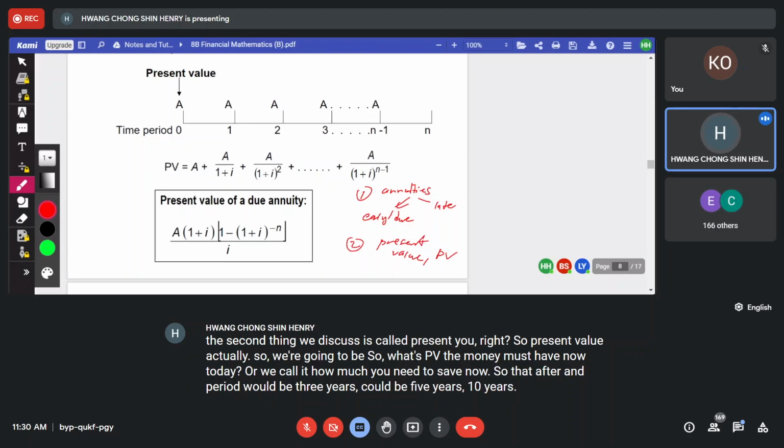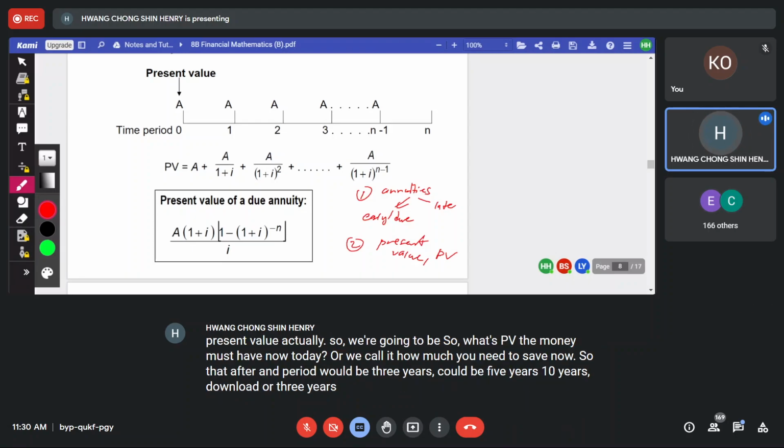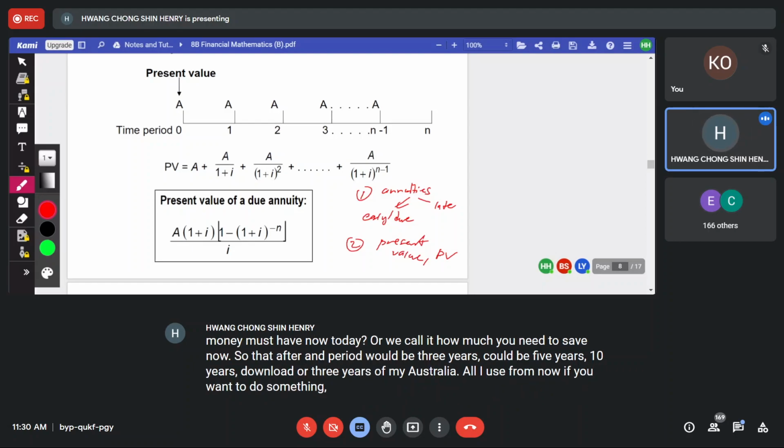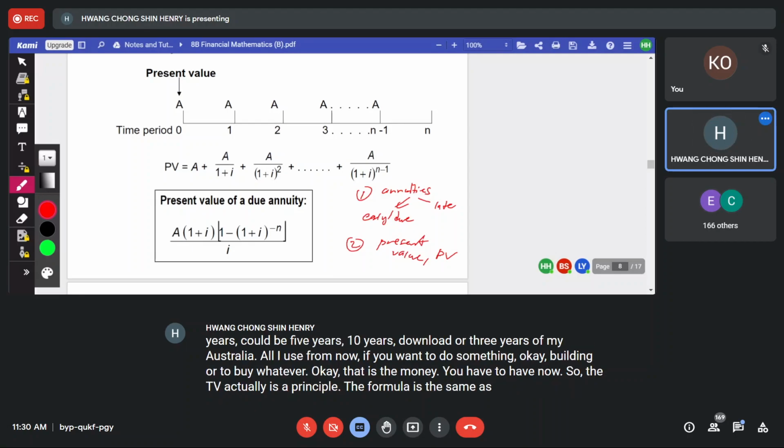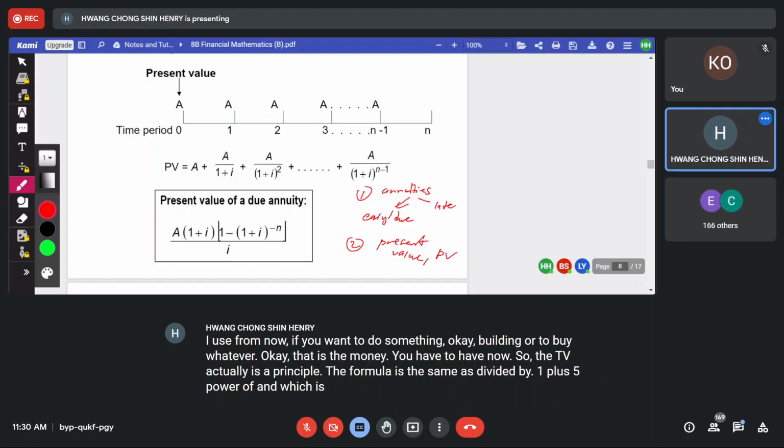If you want to buy a bungalow, or 3 years from now you want to go to Australia to study, or 5 years from now you want to build a building or buy whatever, that is the money you have to have now. So the PV actually is a principal. The formula is the same: S divided by (1 plus i) to the power of n, which is your compound interest. So far, all clear in the mind?